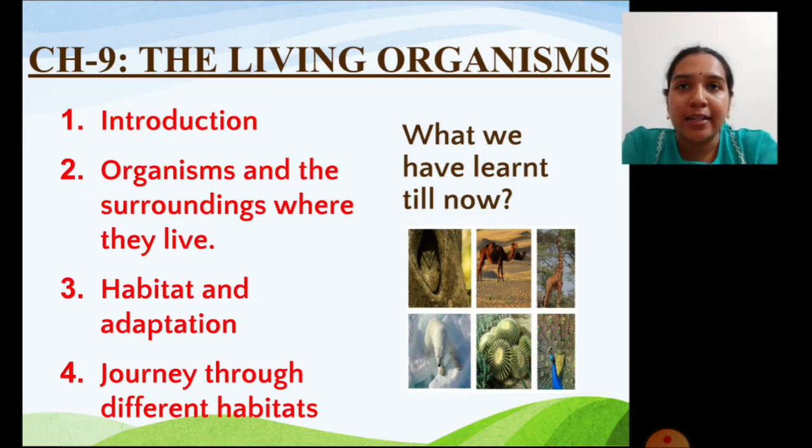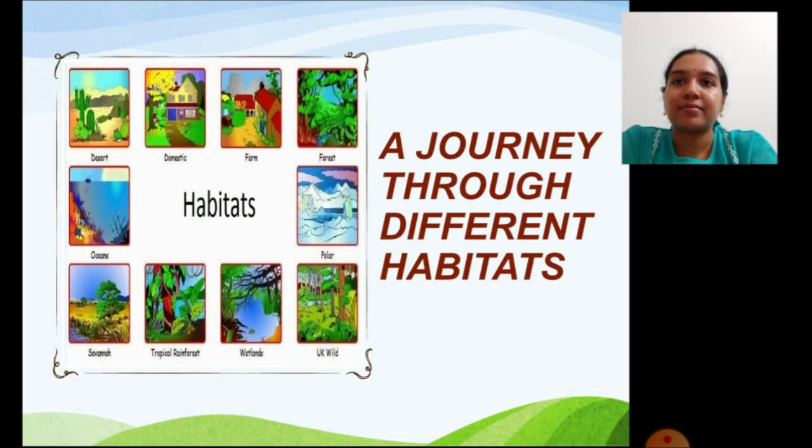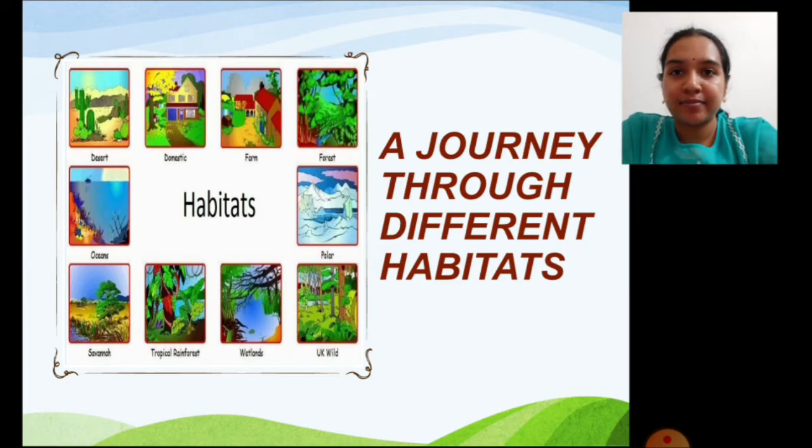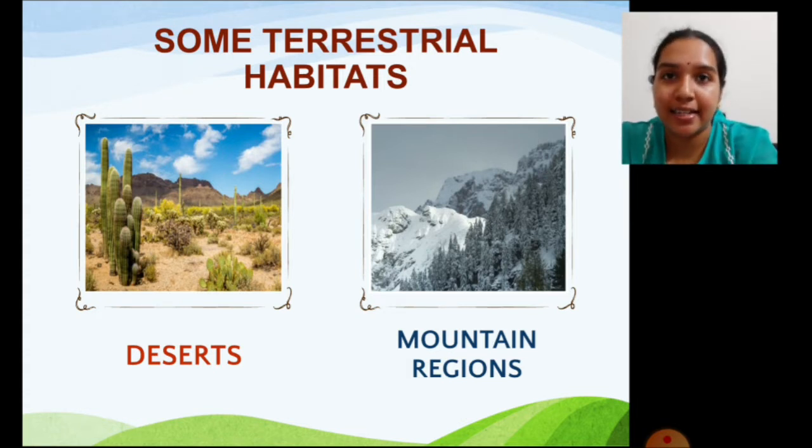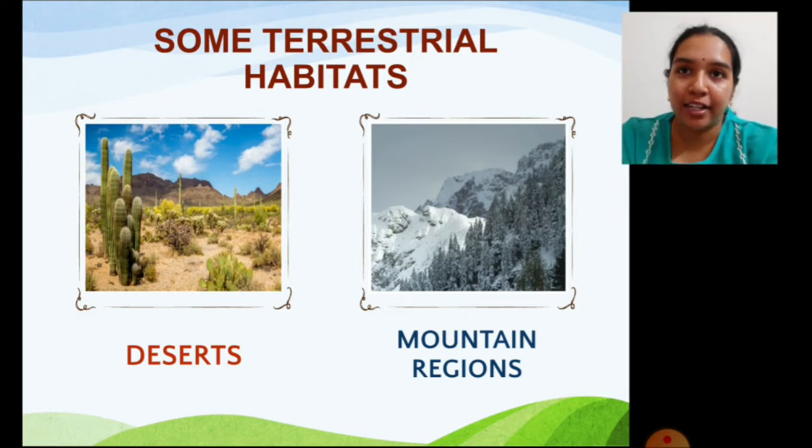To understand in brief, we are learning by a journey through different habitats. In an elaborated way, we are learning each type of habitat in this topic. Till now, we have had a journey through some terrestrial habitats like a desert and a mountain region.